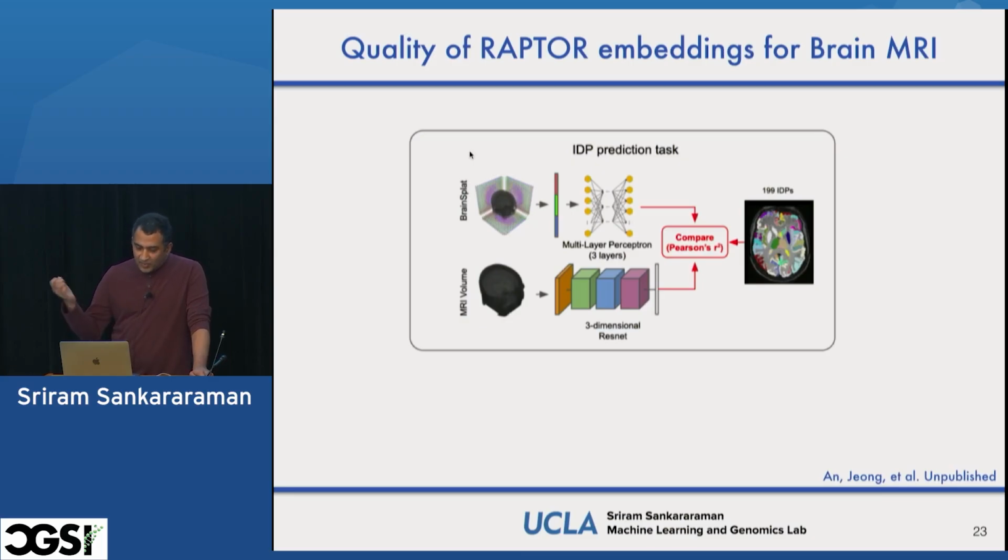These are obtained by very specific image processing methods. We asked, if we take the predictions from the Raptor embeddings, and compare them to another model trained from scratch, a 3D ResNet, and try to predict these IDPs, what do we see in terms of prediction accuracy?